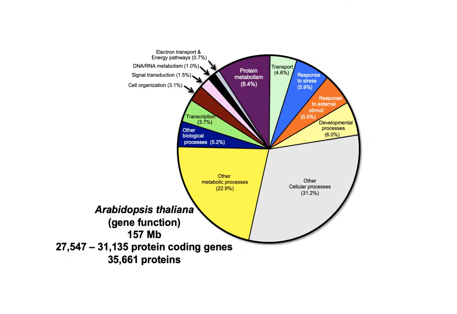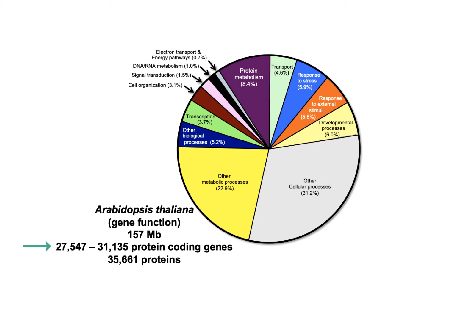So here's a pie chart of the Arabidopsis thaliana genome. It has 157 million base pairs of DNA in its genome. Now that compares with about 12 million bases for Saccharomyces cerevisiae and about 3.2 or so billion base pairs in humans.